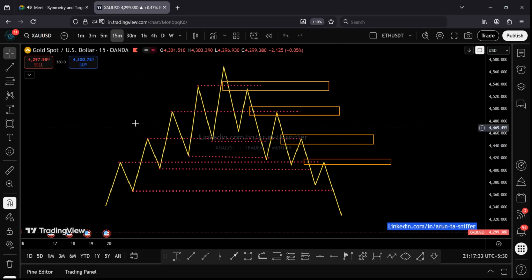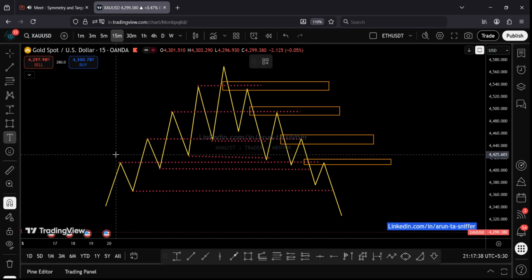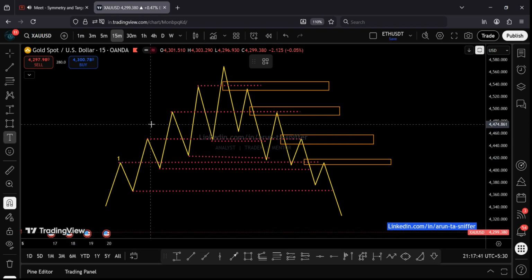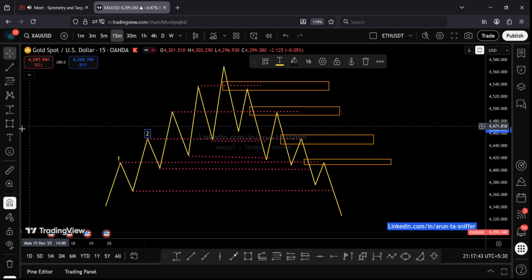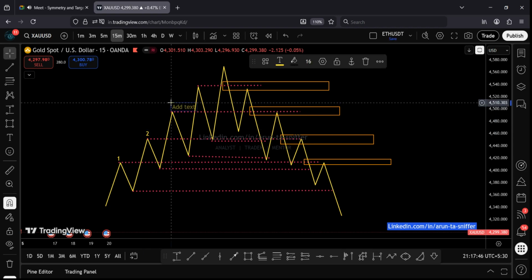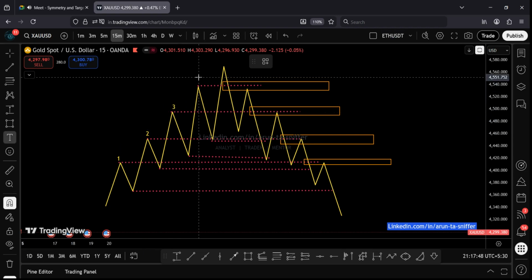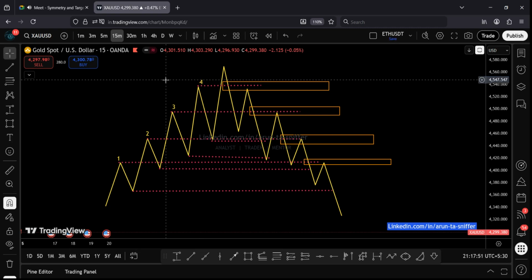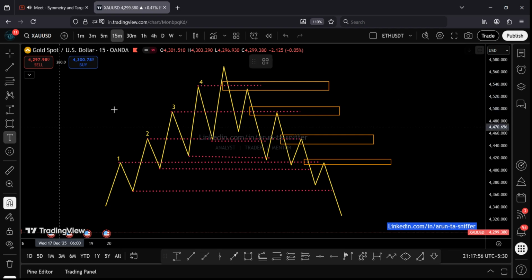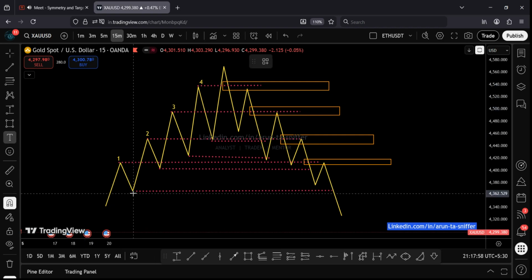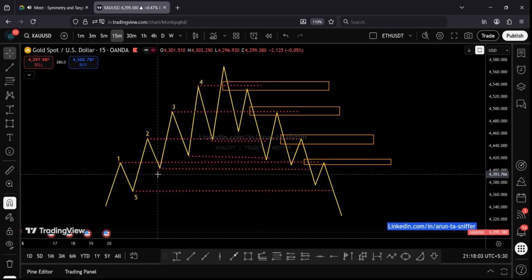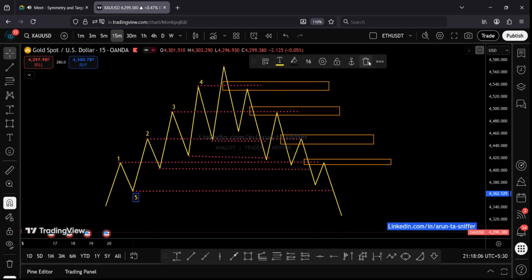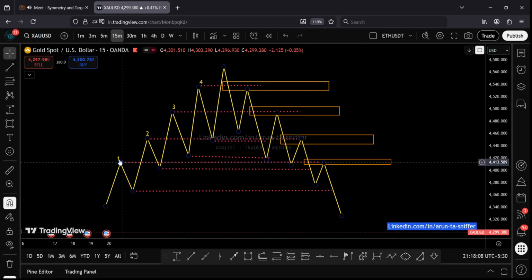Okay, so let's mark this like 1, 2, 3, 4, and these lows as 5. Don't do this 5, let's do it as a complete swing from here to here.